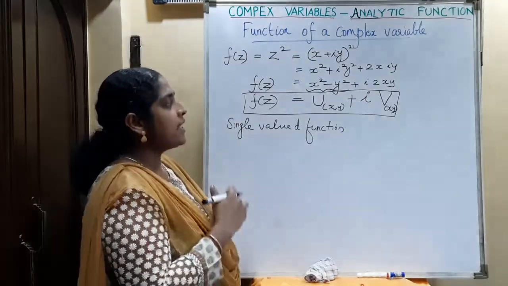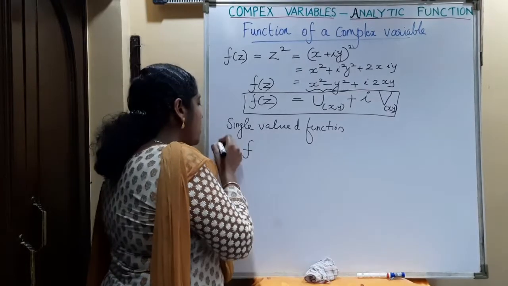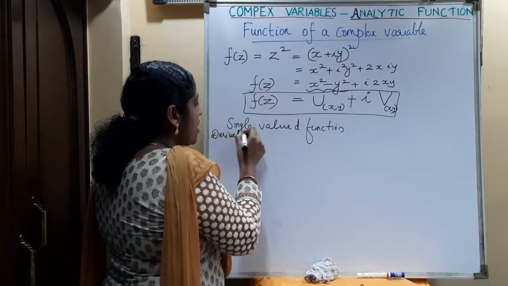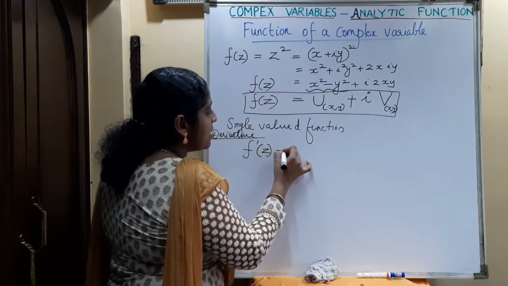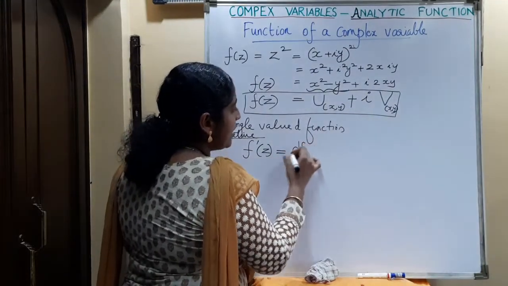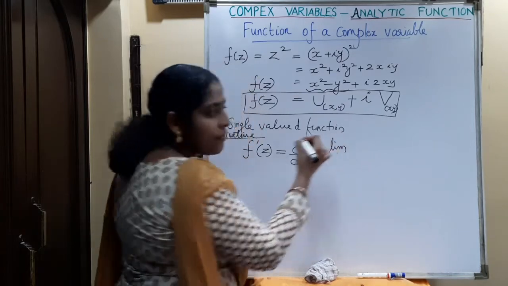Now, if we consider a single valued function and take the derivative of this function, what will that be? That is f dash z, which we can write as df by dz. What is the meaning of the derivative of a function?